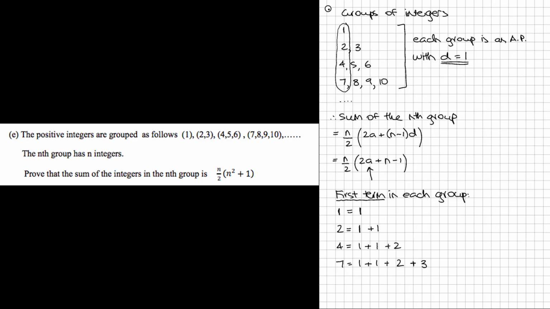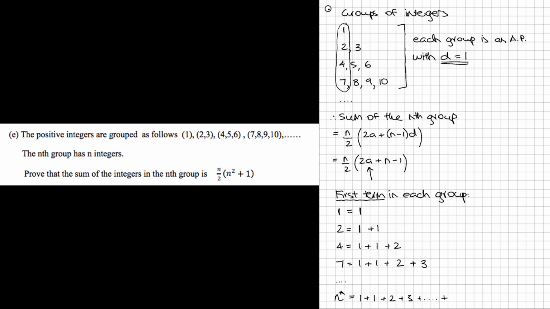So I think we can now extend that, because if we were to follow that pattern, the first term in the nth group would be equal to 1 plus 1 plus 2 plus 3 and so on.